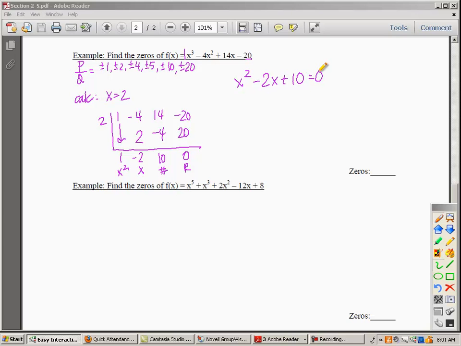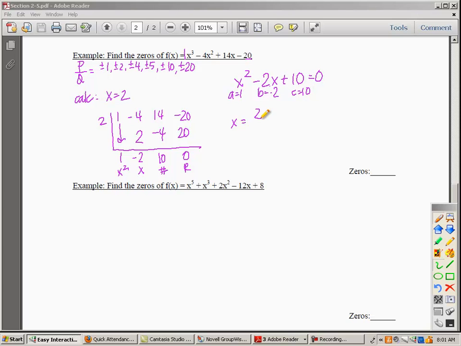Okay, well, if it's possible to factor, we want to factor. 10, the only way to get 10 is 5 and 2. 5 and 2 has no way of adding to get to 2, so I need the quadratic formula. A is 1, B is -2, C is 10.